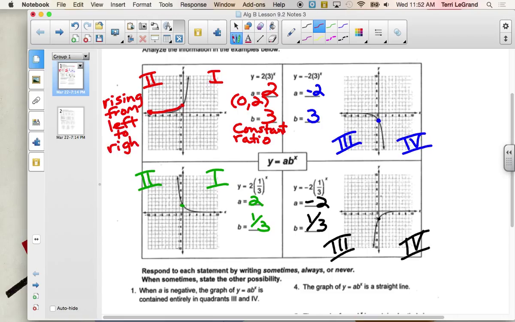Put these in your notes, please. Rising from left to right in quadrants, we'll call them quads, 1 and 2. So it's contained only in quadrants 1 and 2. That means it's above the x-axis. It's rising from left to right.